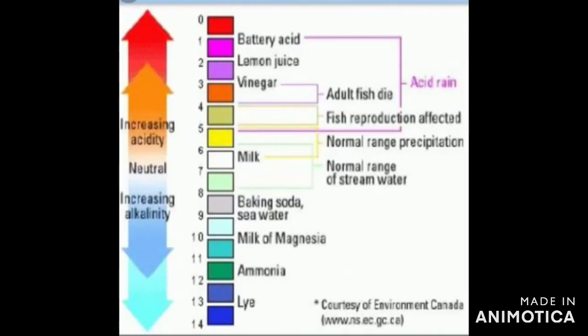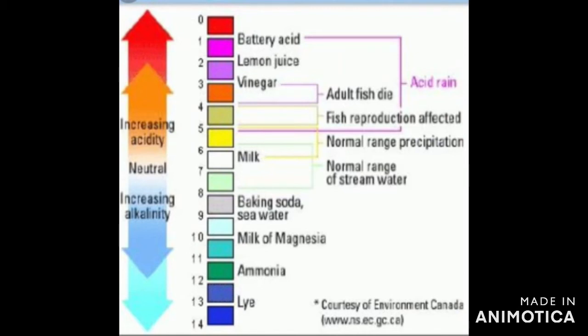Next, these are the pH values of daily use substances: adult fish reproduction affected, normal range of precipitation, normal range of stream, milk, vinegar, lemon juice, battery acid, baking soda, seawater, milk of magnesia, ammonia, lye. So increasing acidity, neutral, and increasing alkalinity.